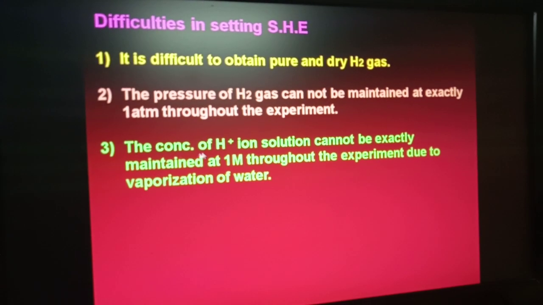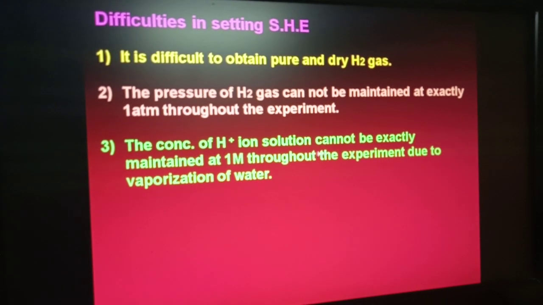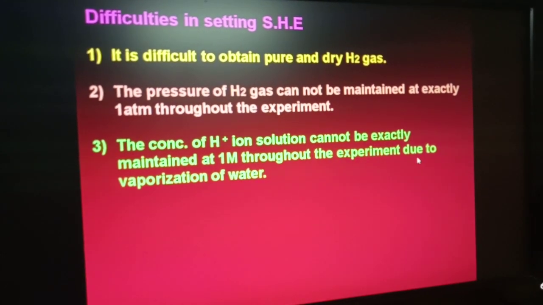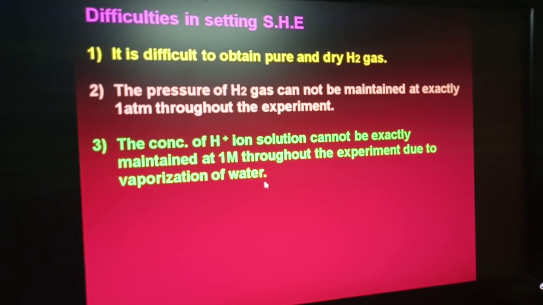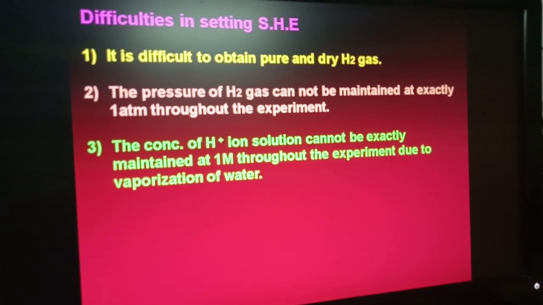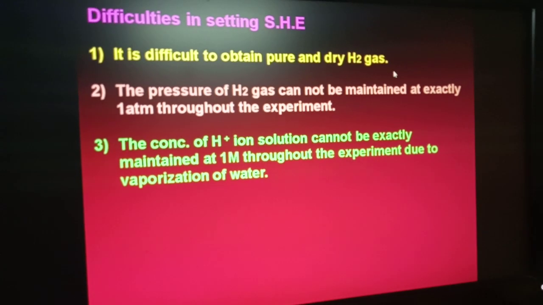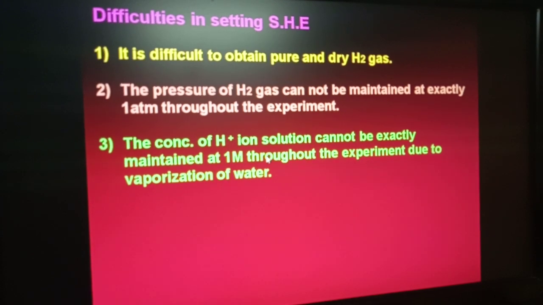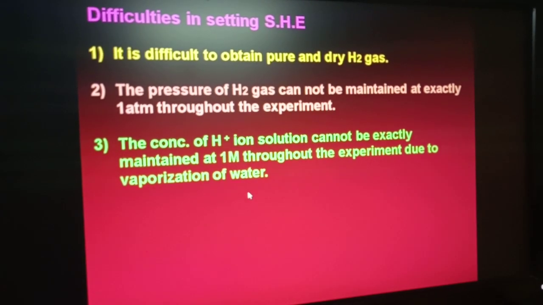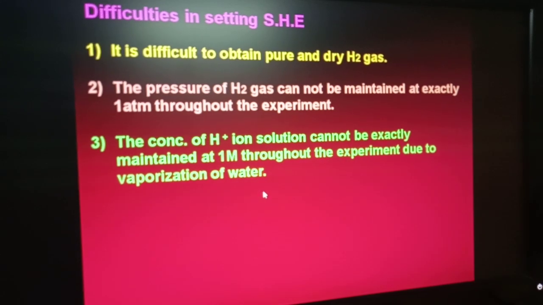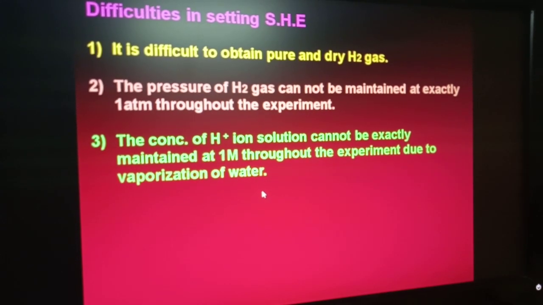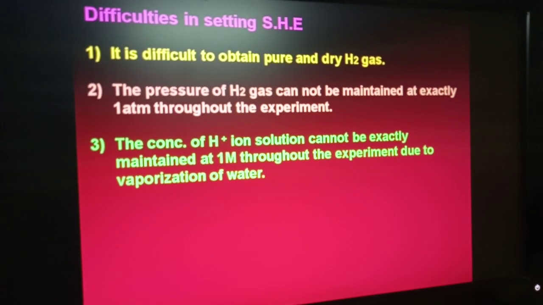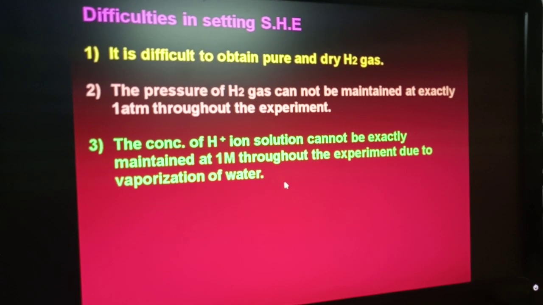And the third one, the concentration of H+ ion solution cannot be exactly maintained at 1 molar throughout the experiment due to vaporization of water. If pressure of hydrogen gas is 1 atmosphere and concentration of HCl solution is 1 molar exactly, then only the standard hydrogen electrode gives 0 electrode potential. So these are various difficulties in setting up of standard hydrogen electrode.